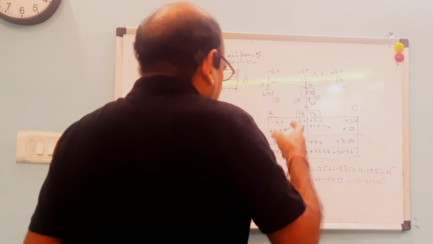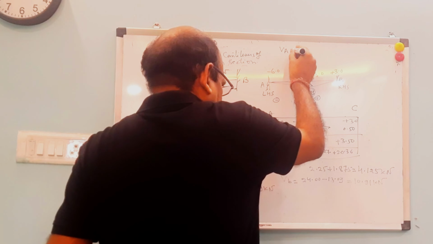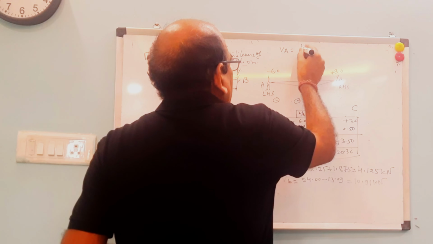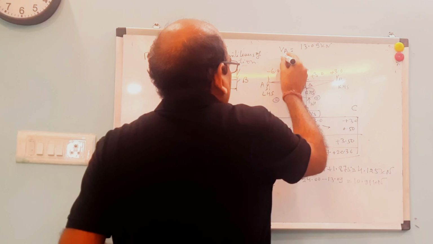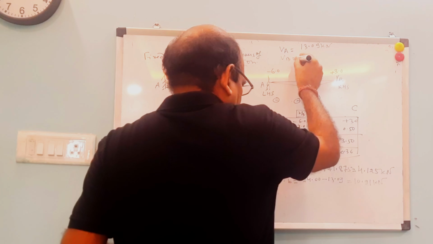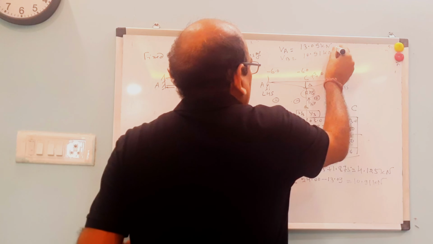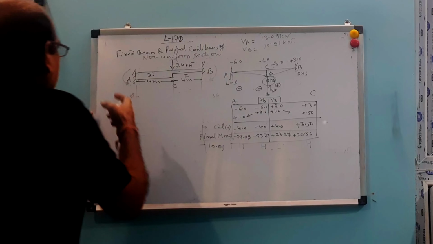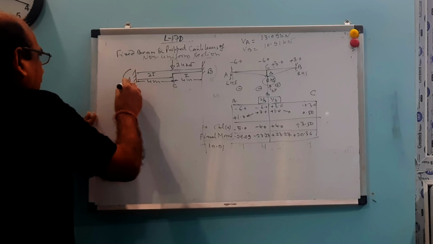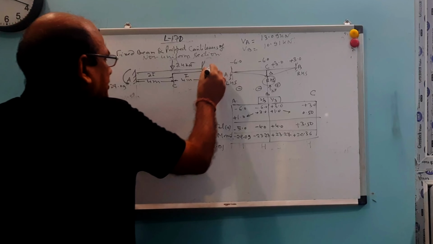Now you can write over here: VA equals 13.09 upward and VB equals 10.91 kilonewton. And the final moment is this. This is your 29.09.